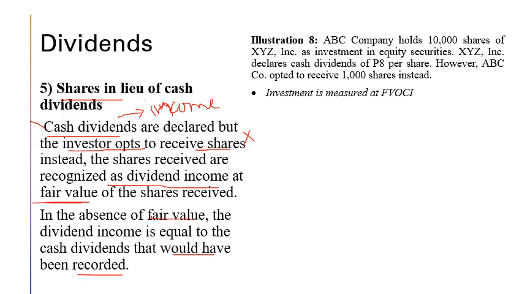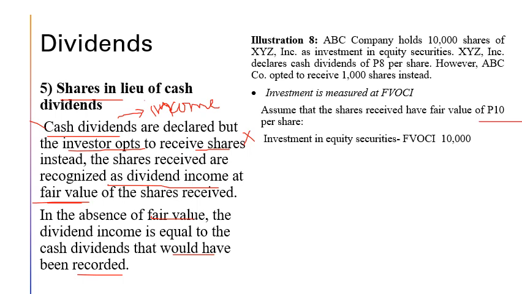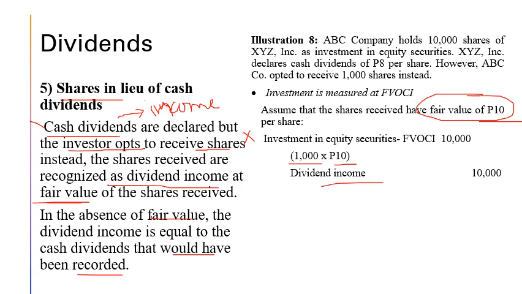First, if the investment is measured at FVOCI and the fair value is available, debit investment in equity securities, 10,000, which is equal to the 1,000 shares received times the fair value of 10 pesos, and then credit dividend income, 10,000 pesos. Again, ito ay dividend income dahil ang original declaration is cash dividend.